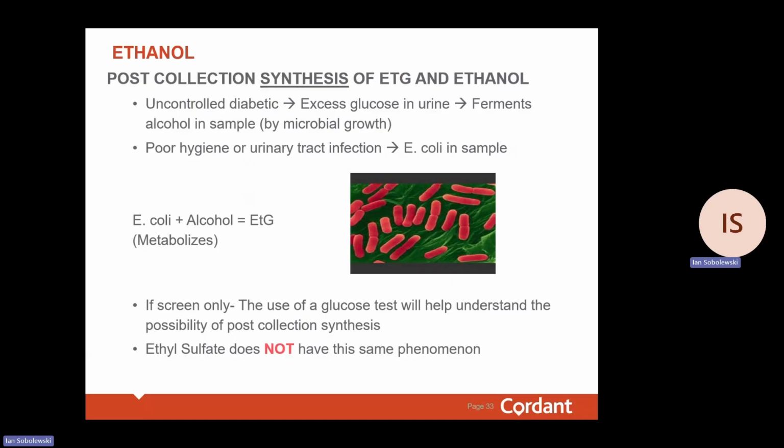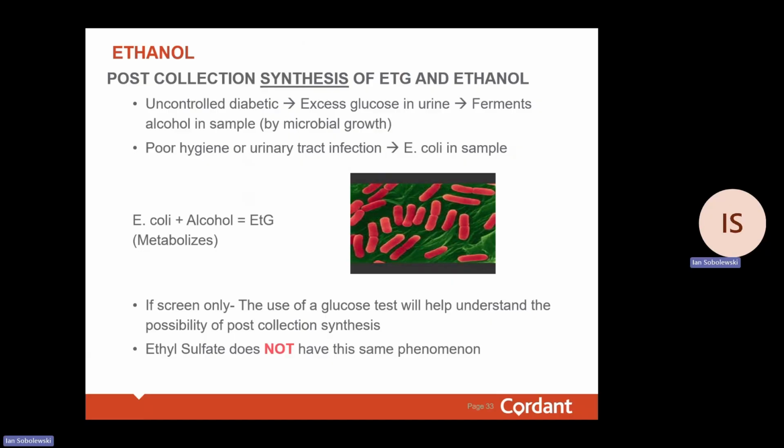The sugar can ferment into alcohol if the right environmental factors are introduced. And if you combine that with poor hygiene, or maybe a donor has a UTI at the time, a urinary tract infection, there can be E. coli in the sample. Now, E. coli with alcohol can metabolize ETG. So there can be ETG in a sample from this situation without a donor consuming alcohol.